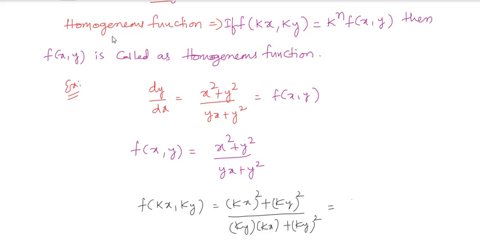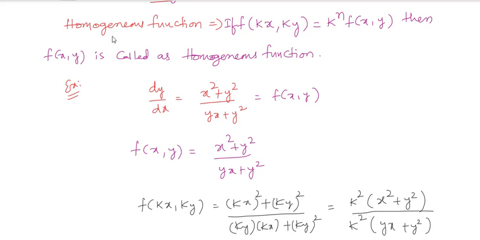If I take k square as common in all those terms, I'll have x square plus y square divided by k square into yx plus y square. Am I correct or not?